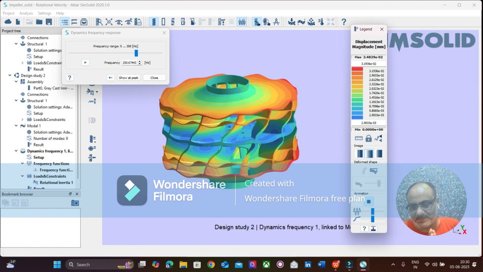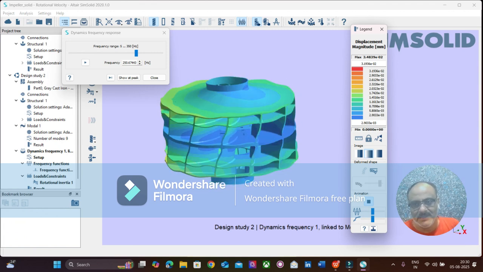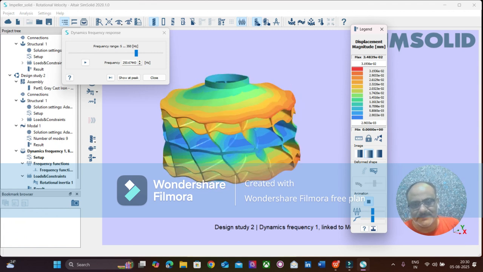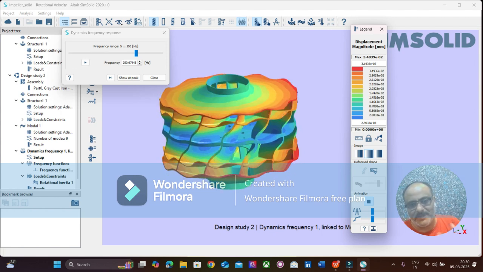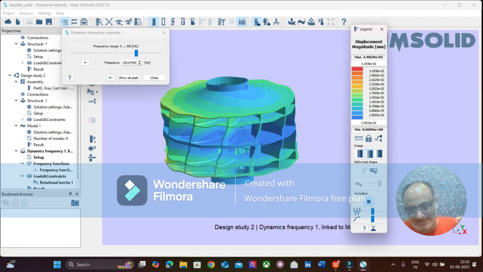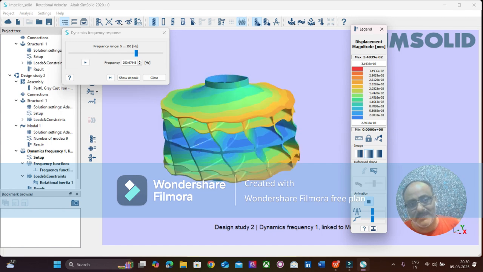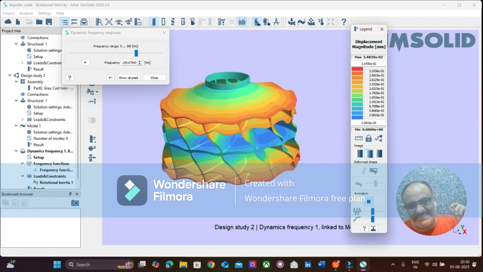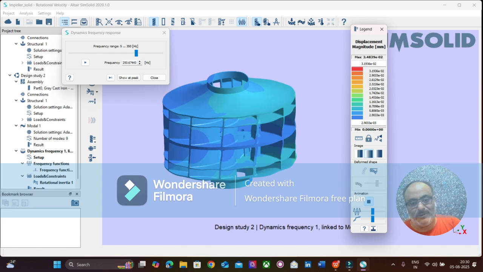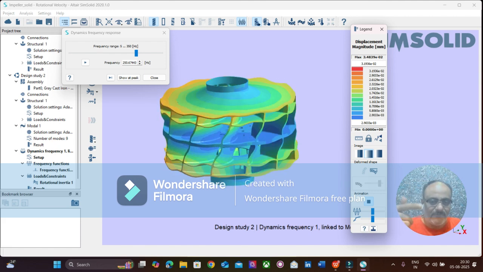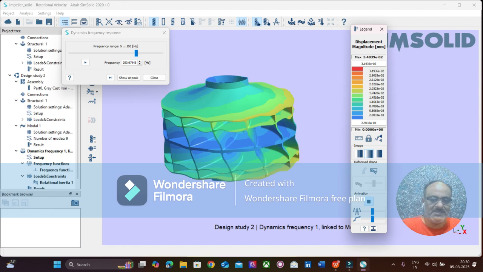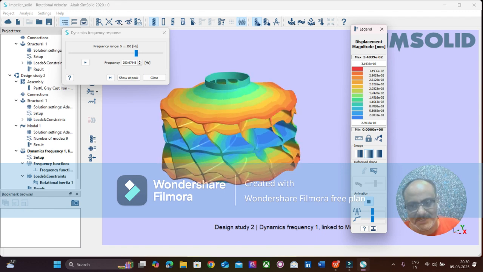This is the vibration that comes on the system, because of the rotational velocity of 800 rpm being excited with a pulse, with the frequency response value of the function. This is going to be the displacement.